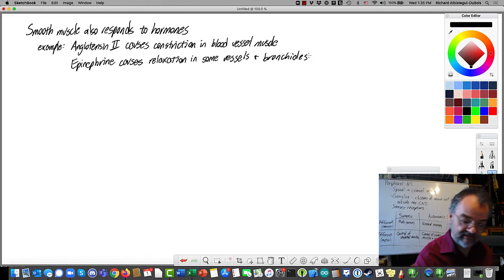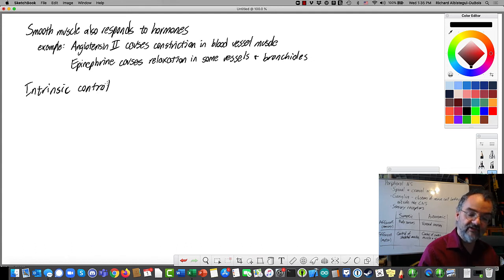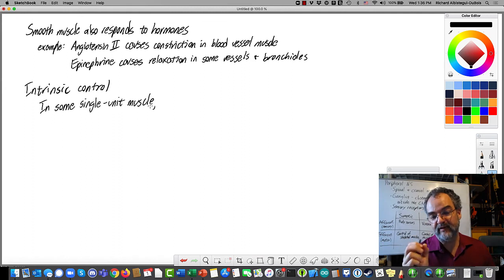And finally, a lot of smooth muscle has a certain level of intrinsic control. So, in some single unit muscle, you'll have modified smooth muscle cells, which we call pacemaker cells.